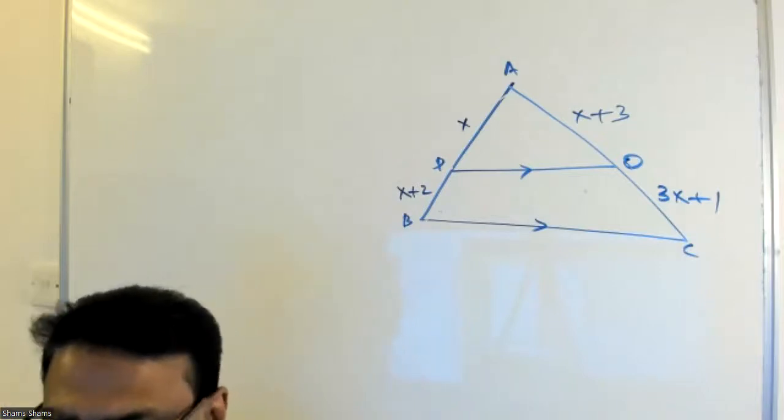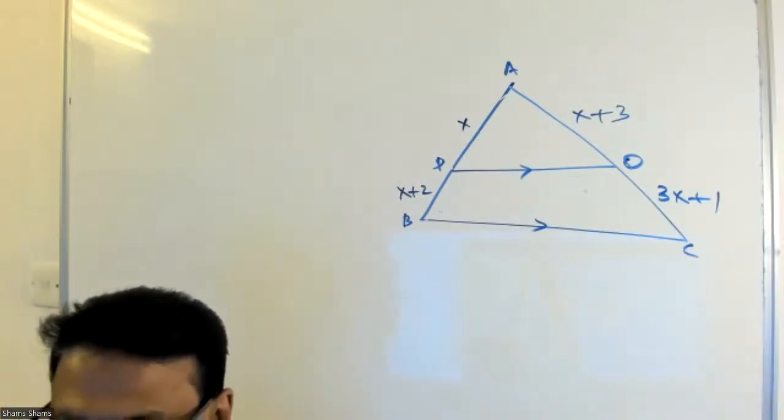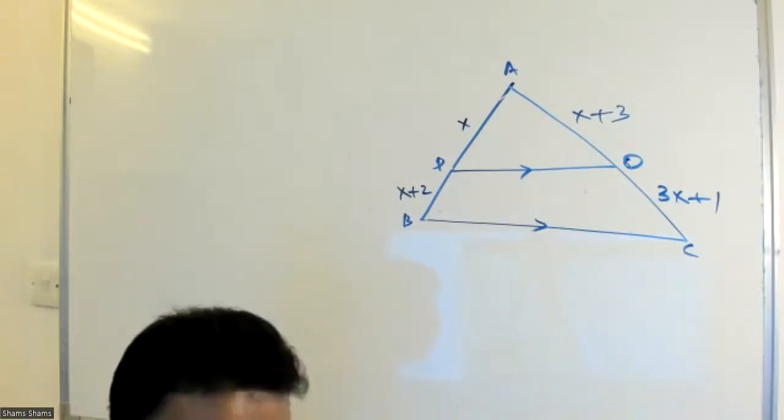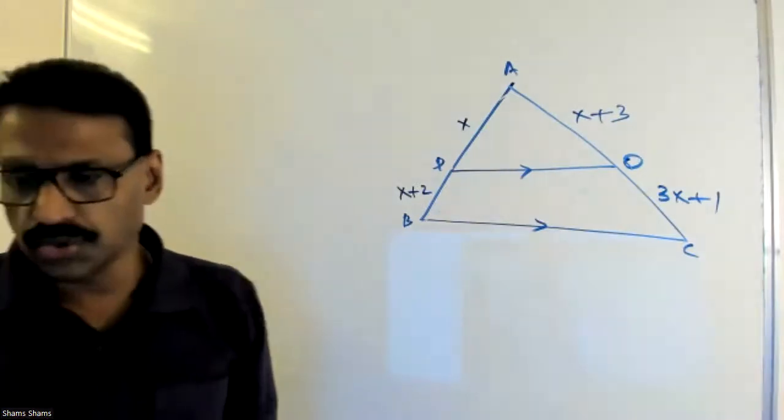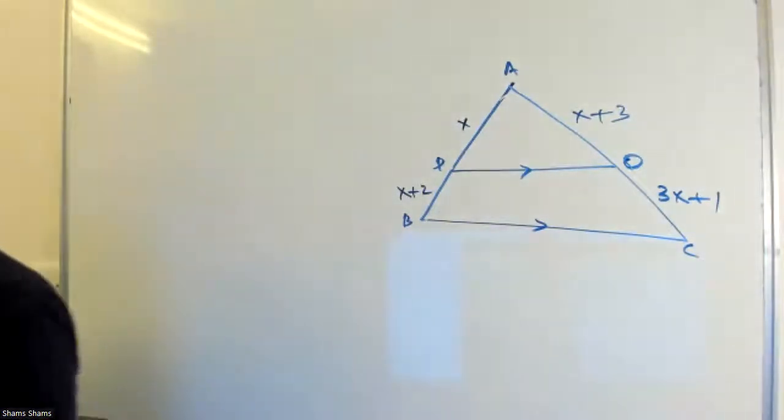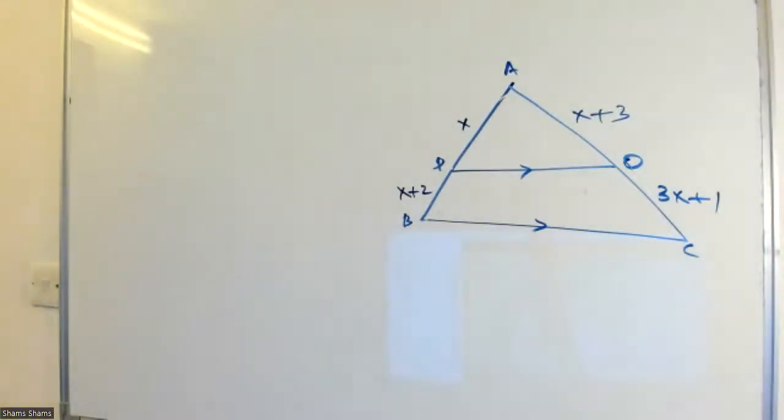Okay, try this one. Those who got it, type the answer. The theorem applied is AP by PB equal to AQ by QC.